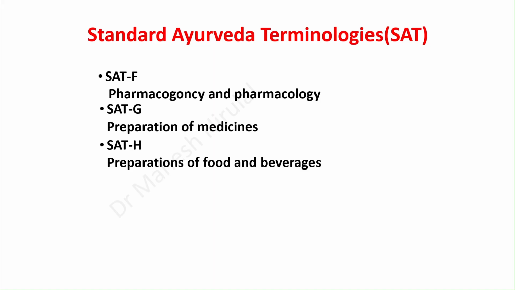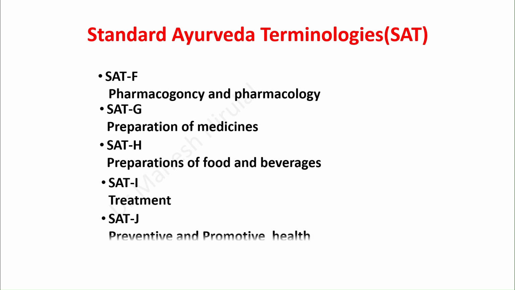SAT-H focuses on preparations of food and beverages. SAT-I contains the terms related to treatment approaches in Ayurveda. And finally, SAT-J covers the terminologies of preventive and promotive health measures. Together, these categories create a common language for Ayush healthcare documentation and research.